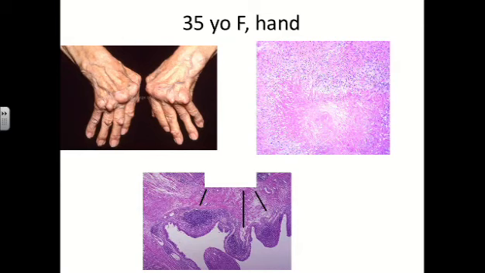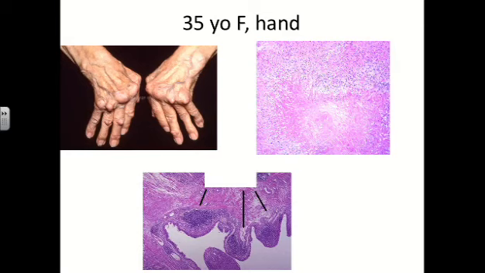Next. What looks wrong to you on the clinical picture? All right, so we see some larger joints, and you can see sort of an ulnar deviation of the fingers.